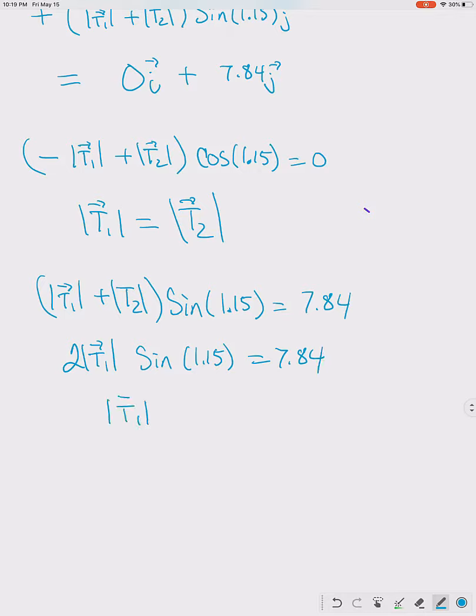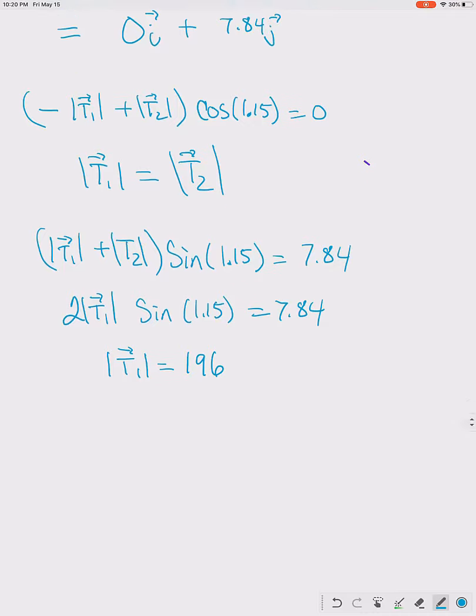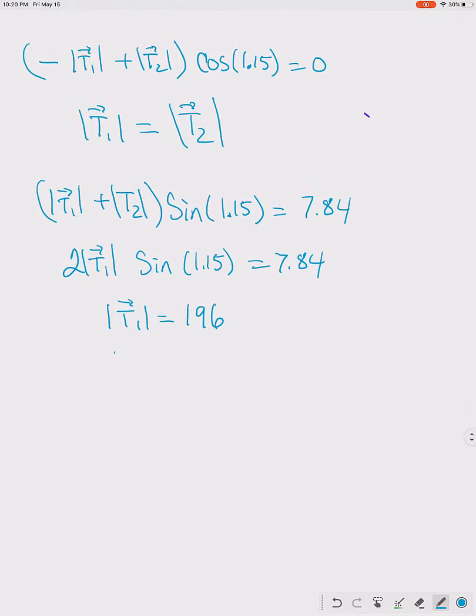And when we solve for the length of T1, we get 7.84 divided by 2 divided by the sine of 1.15, we get 196. So the length of T1 is approximately 196, so that means the length of T2 is approximately 196.